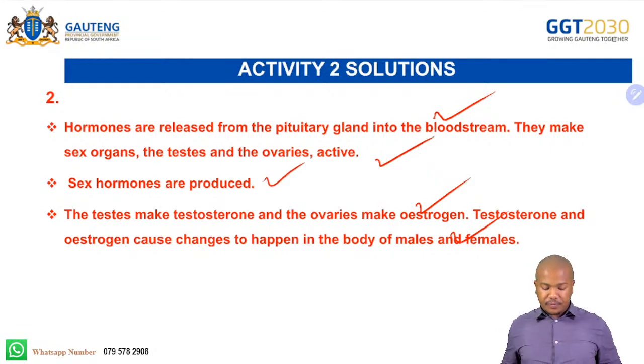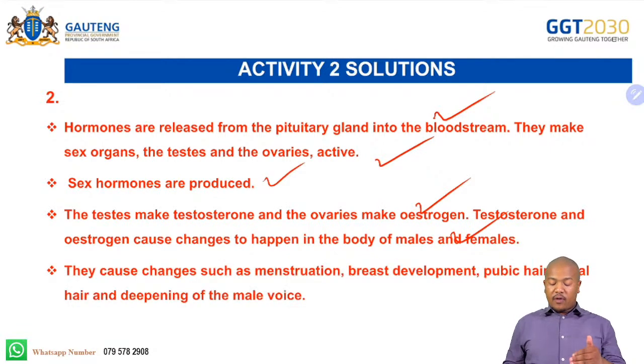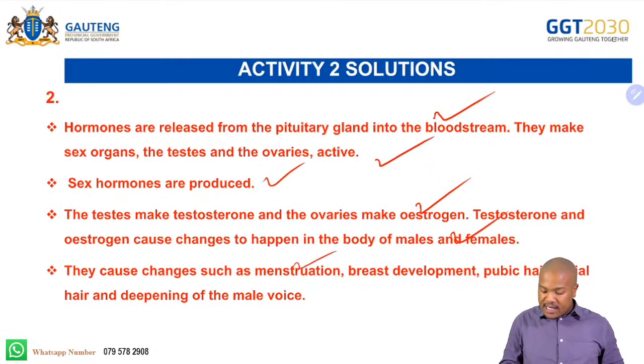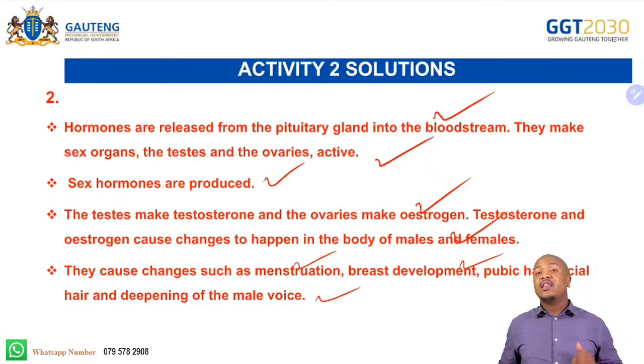Before moving on, sorry, we said that these hormones cause changes such as menstruation, breast development, pubic hair, facial hair, and the deepening of the male voice. So let's quickly go to number three.